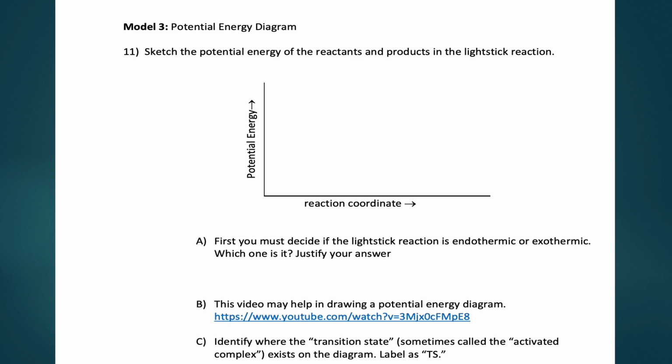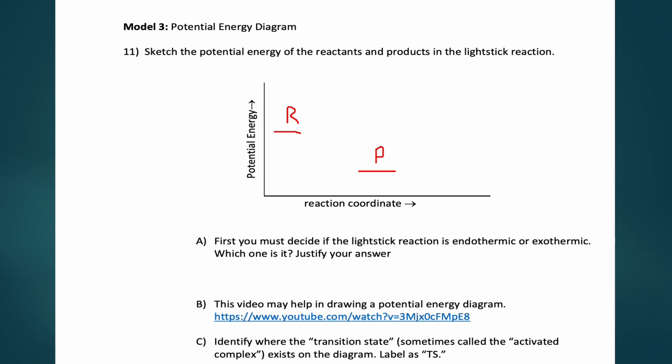Once again, they should have had a background in endothermic and exothermic reactions. And since the light stick is giving off light, it is exothermic, which means that the reactants are going to be up here. We'll just put R for reactants. And the products will be down here somewhere at a lower energy.